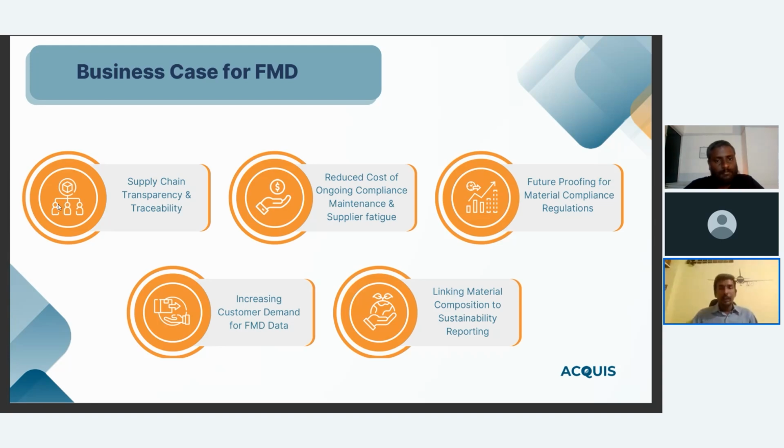But if the majority of your customers start asking for it, then suppliers are also becoming obligated to test their components and supply the complete material data information to their customers for supply chain transparency.